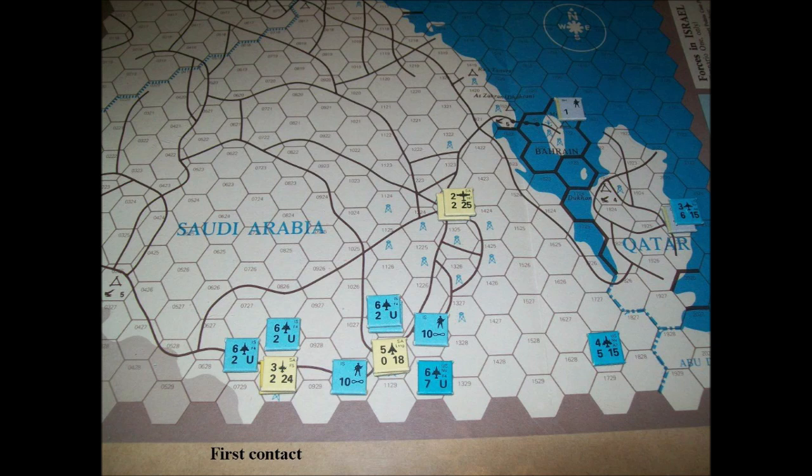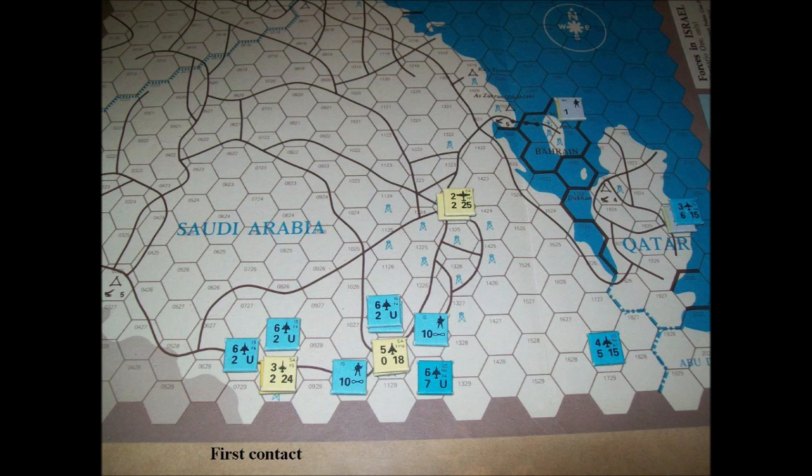So these nations have banded together with Israel, and they're going to attempt to capture some oil fields to end the oil embargo. In this game, the map scale is basically 18 miles per hex, so it is somewhat operational.